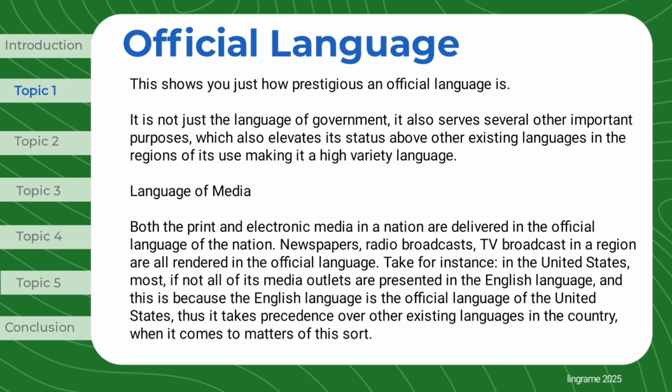Newspapers, radio broadcasts, TV broadcasts in a region are all rendered in the official language. Take for instance, in the United States, most, if not all of its media outlets are presented in the English language, and this is because the English language is the official language of the United States, thus it takes precedence over other existing languages in the country, when it comes to matters of this sort.